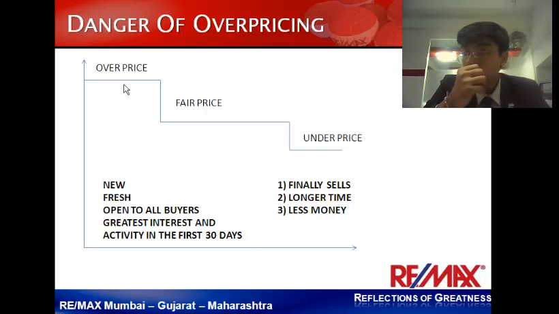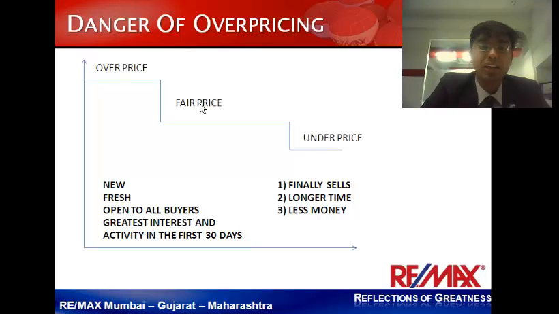And as we talk about this property being overpriced, what you are actually doing is helping the neighbor, who has priced his property correctly, to sell his property by overpricing your own. This is what you would want to avoid, by instead giving a fair price to the property on day one, so that at a fair price you are able to sell the property really fast.